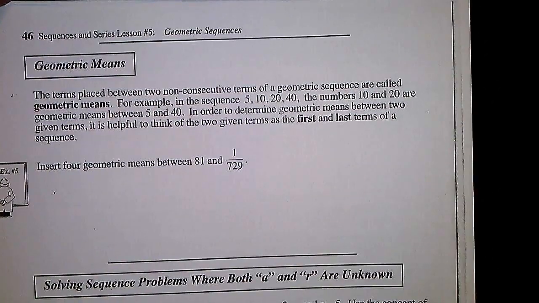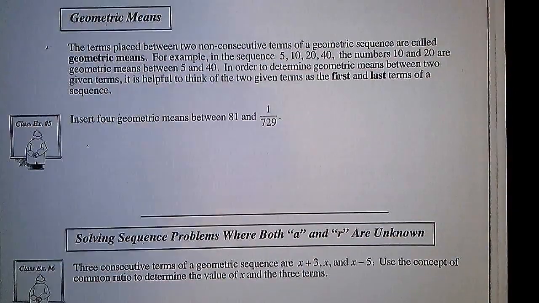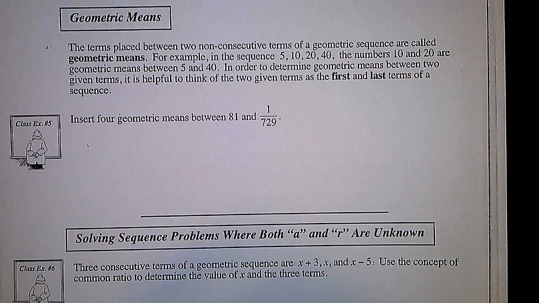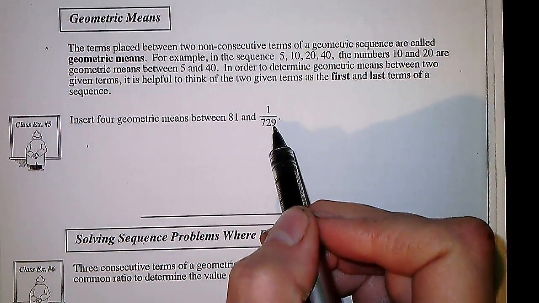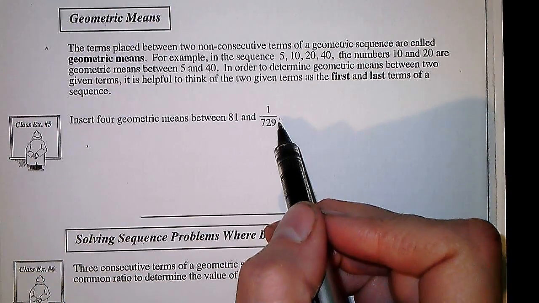All right, so our last page here has 3 more class examples. This one is talking about geometric means. Remember, this had to do with points in between 2 points that you are given. So in class example 5, we have a term, 81, and then we're asked to insert 4 terms in between that and this term, which is 1 over 729.